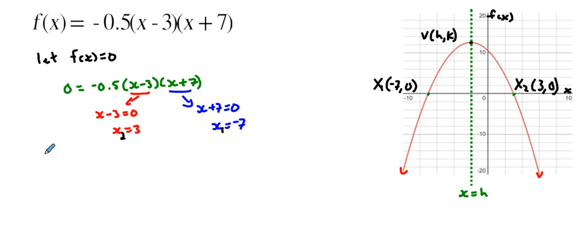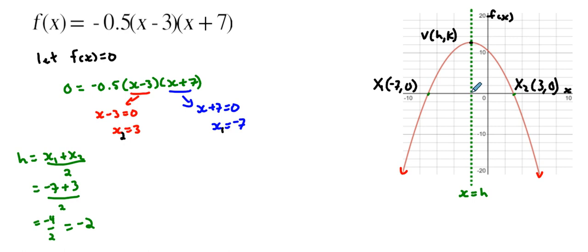So I can calculate my h value by looking at the midpoint between those two coordinates. We do the sum of the x values divided by 2. So this will equal negative 7 plus 3 divided by 2, which gives negative 4 divided by 2, which equals negative 2. So I know that my coordinate is negative 2, and that definitely looks right from the graph.